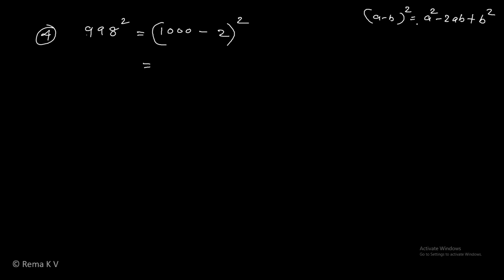So first we will write the positive terms, A square and B square. It is A square. 1 square is 1. Here 3 zeros. So in the square we have to write 6 zeros. Then plus B square is 4.